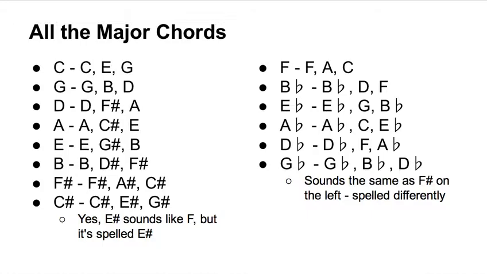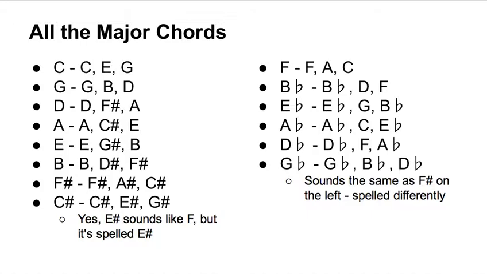This is all of the major chords that you can have, at least in our scale, or plain vanilla major chords, and those are all the notes that will show up in those. Granted, when you get to the bottom of the list on either side, the keys get a little bit weird, like C sharp, E sharp, and G sharp.